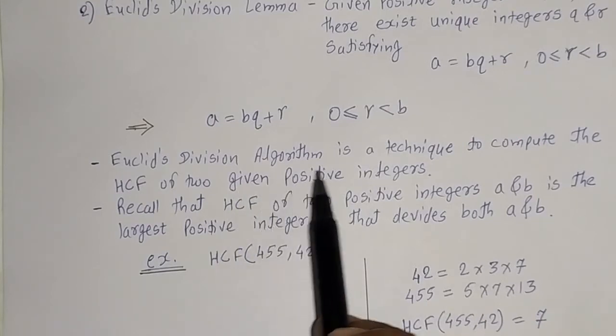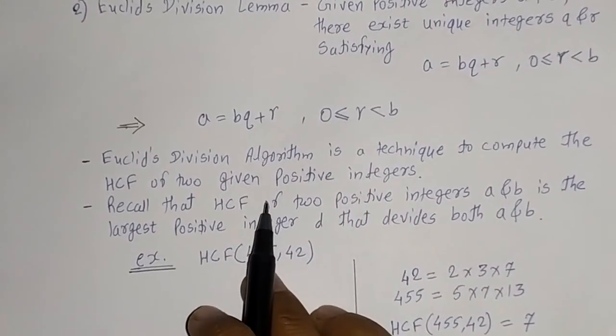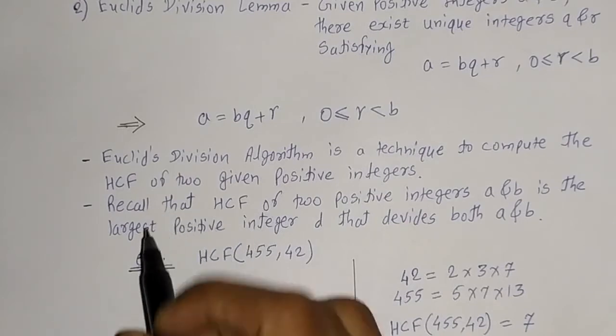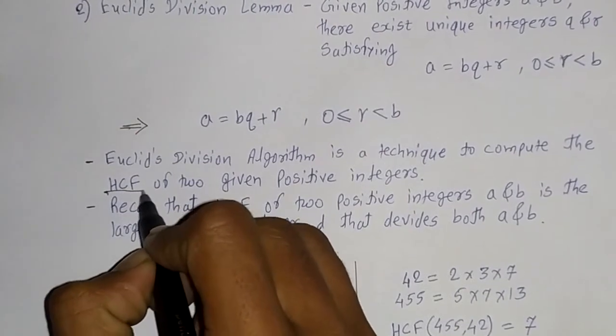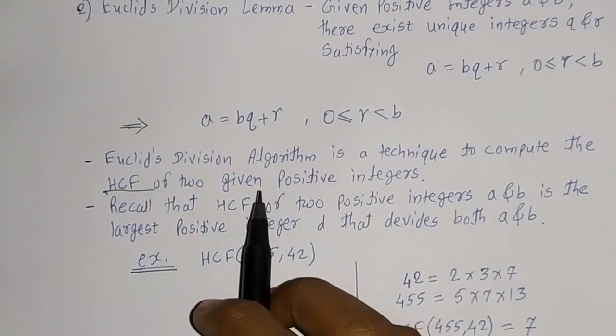Euclid's division algorithm is a technique to compute the HCF of two given positive integers. We can find the HCF of any given two positive integers using Euclid's division lemma.